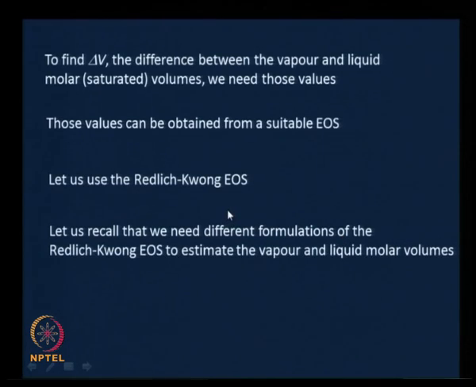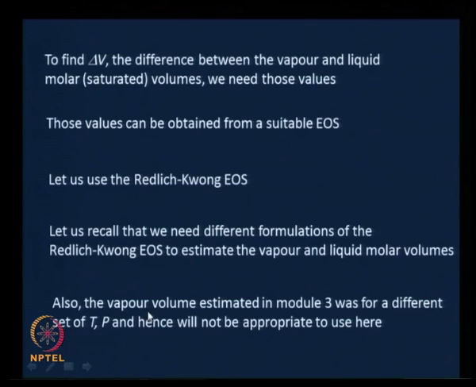If you recall what we did in module 3, we needed different formulations of the Redlich-Kwong equation to estimate the vapor and liquid molar volumes, because the formulation for the vapor volume had a V minus B term, and if we had used an initial guess of V equals B, that term would have gone to 0 and we would not have had the benefit of its contribution in our estimations.